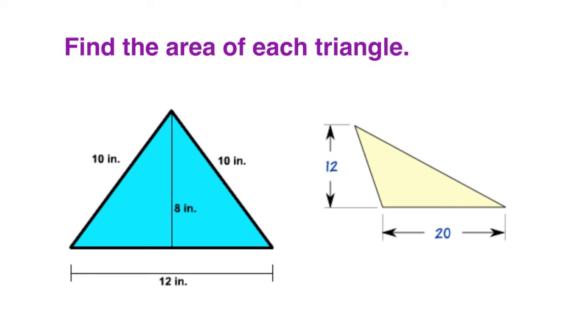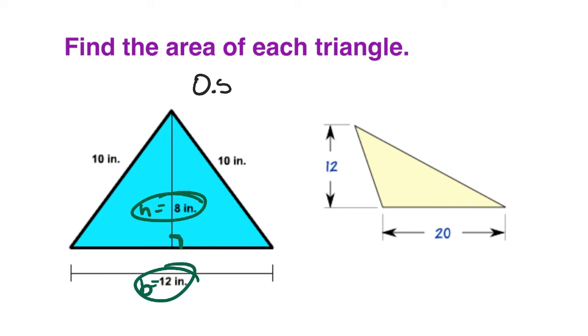I'm going to look for the base and the height. I'm going to look for where there's a 90-degree angle. And I see a little 90-degree angle right here, which means 8 is going to be the height and 12 is going to be the base. Because I like to, if I'm using a calculator, I'm going to use my decimal form of 1/2.